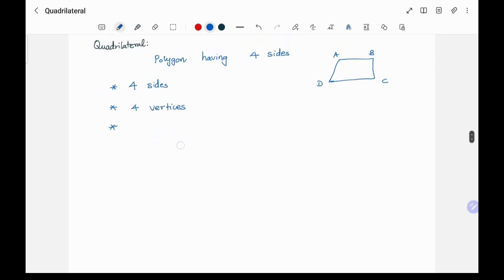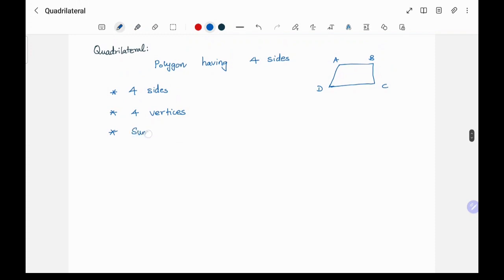And what is the sum of interior angles? For an n-sided polygon, it's (n minus 2) into 180 degrees. So this has 4 sides: 4 minus 2 into 180 degrees, which is 2 into 180 degrees, which is 360 degrees.